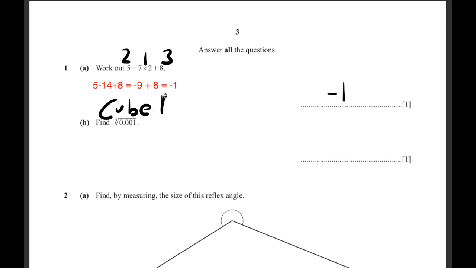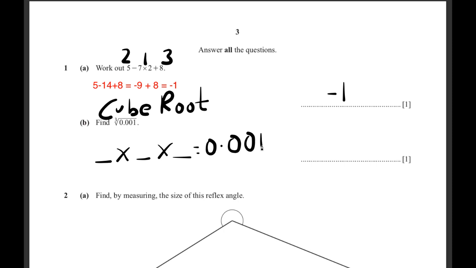What the question is essentially asking is something times something times something is equal to 0.001, where these things have to be the same number.